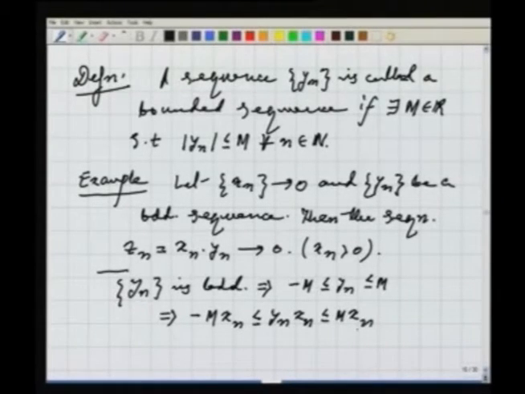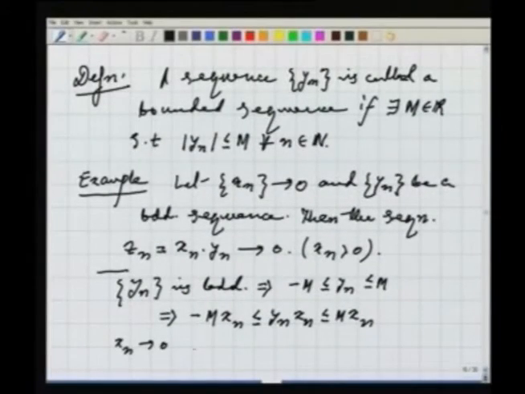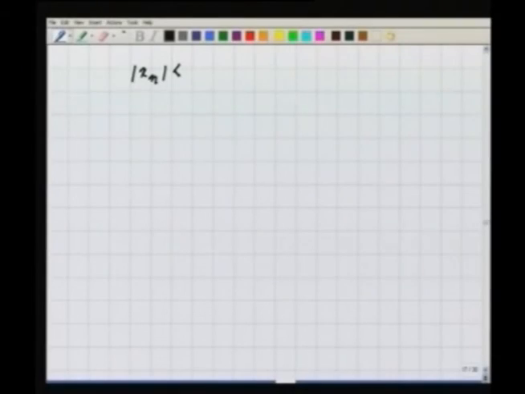Now, I know that xn converges to 0. This implies that given epsilon bigger than 0, well, instead of epsilon I take epsilon by M, there exists capital N such that for all n bigger than or equal to capital N, mod of xn times M is less than epsilon.